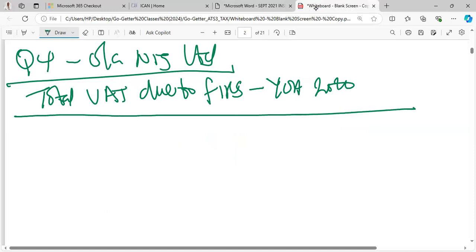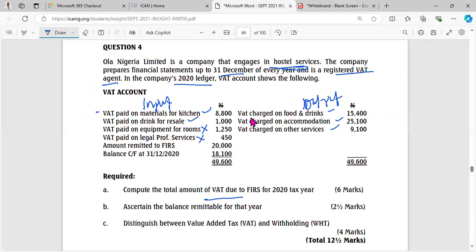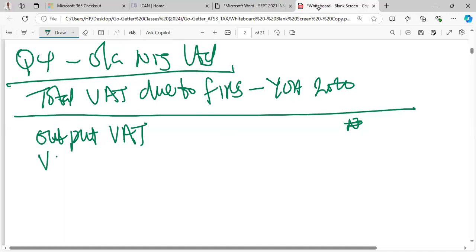All right. So what do you do now? Output VAT. Put my Naira sign. What are the output VAT? VAT charged on food and drinks, 15,400. Of course, VAT should be spelled in capital letters; these are acronyms.